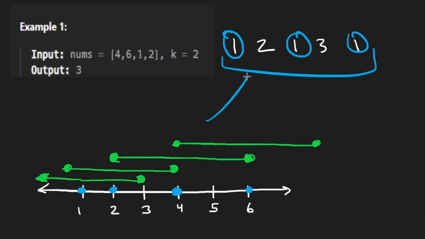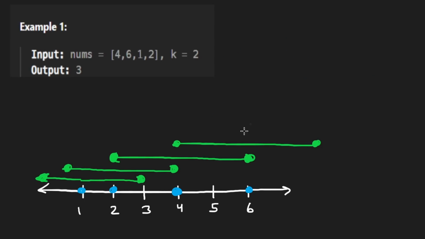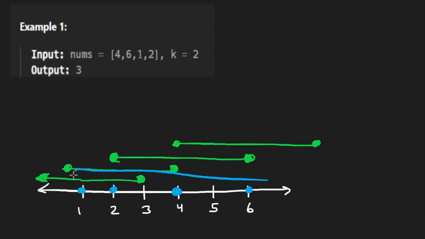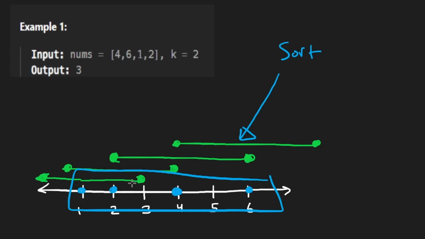This is a very important observation to make. It's kind of the first observation that you have to make. The next observation, which you can reason about from this diagram down here, is that the relative order of the elements matters. Usually with interval problems, and this problem as well, we want to sort the elements so that we can have closer elements grouped together.